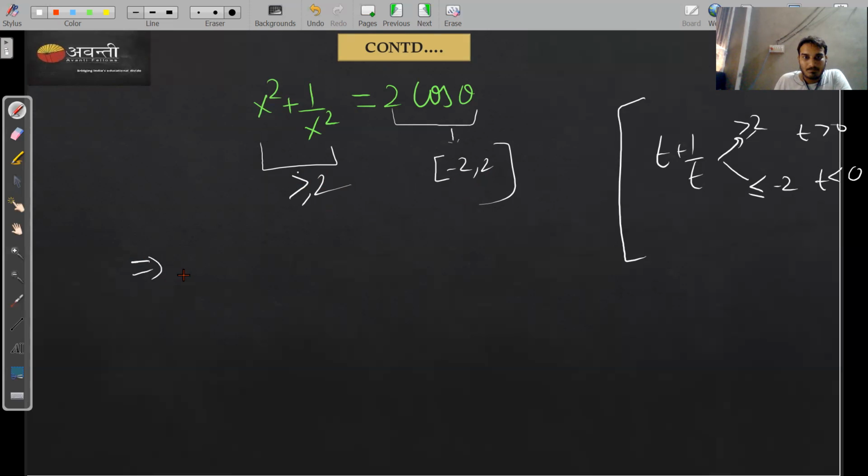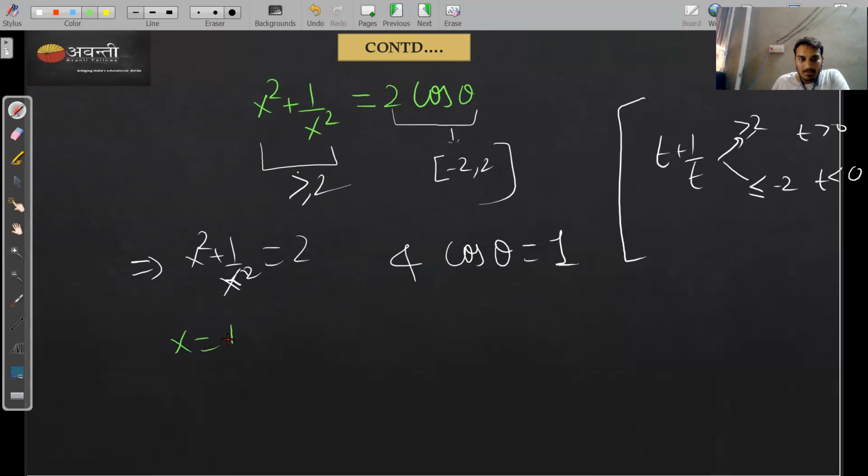So it implies x square plus 1 by x square is 2 and cos theta is 1, right? So x can be plus minus 1 and theta is between 0 and 2 pi, so theta can be 0 or 2 pi.